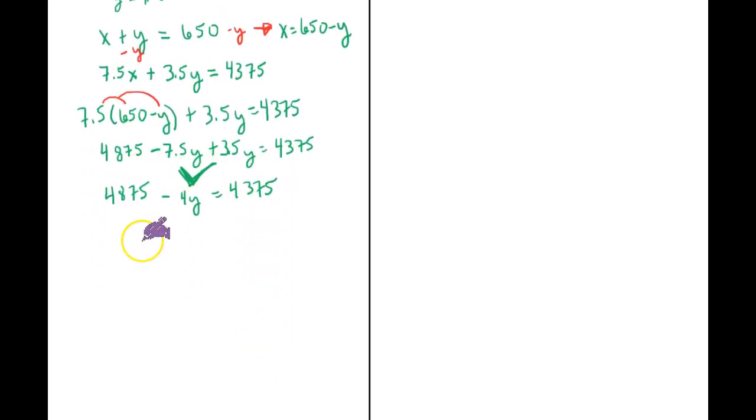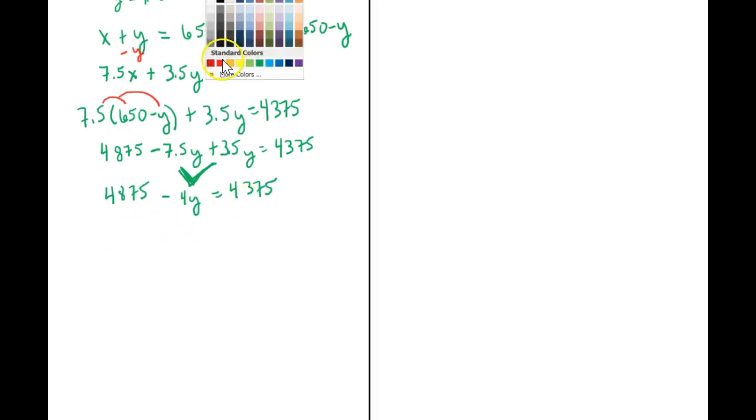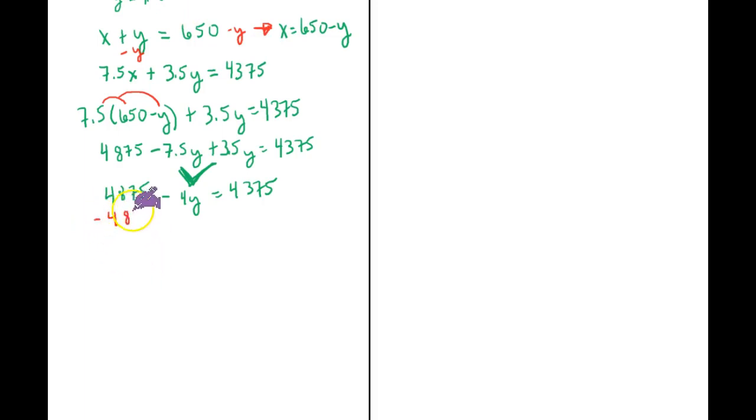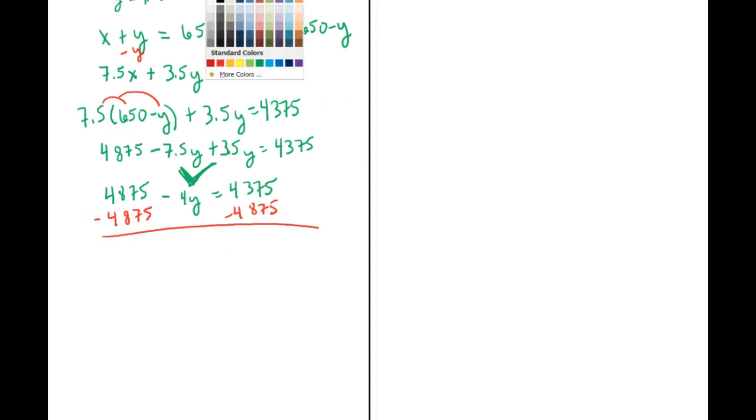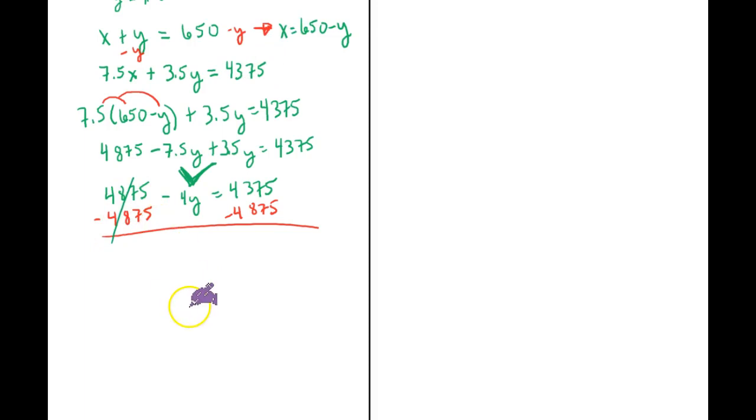And I can subtract that constant to get the y alone. So I subtract 4,875 from both sides. Now when I subtract that, that is gone.